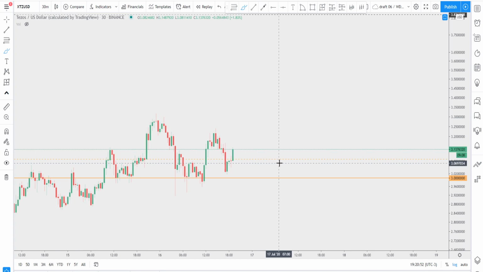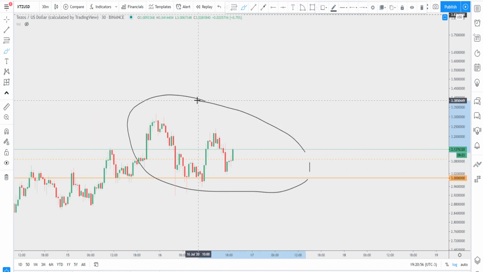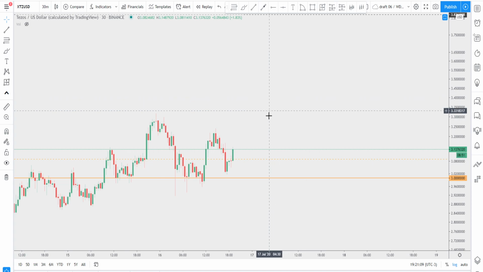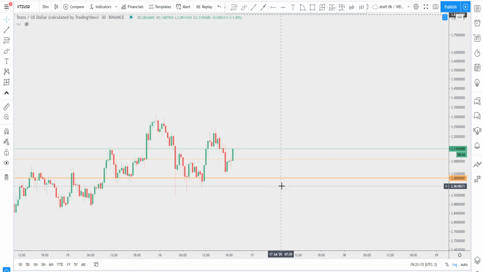Yeah, we can expect an outcome from this structure before tomorrow night. Just a moment. Midnight, 8:30.